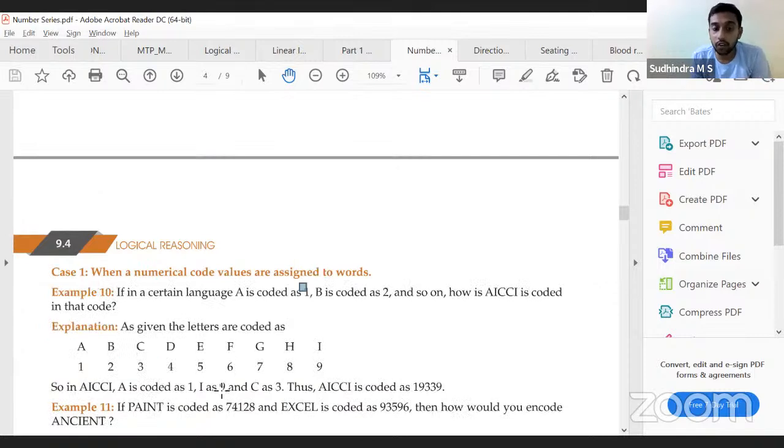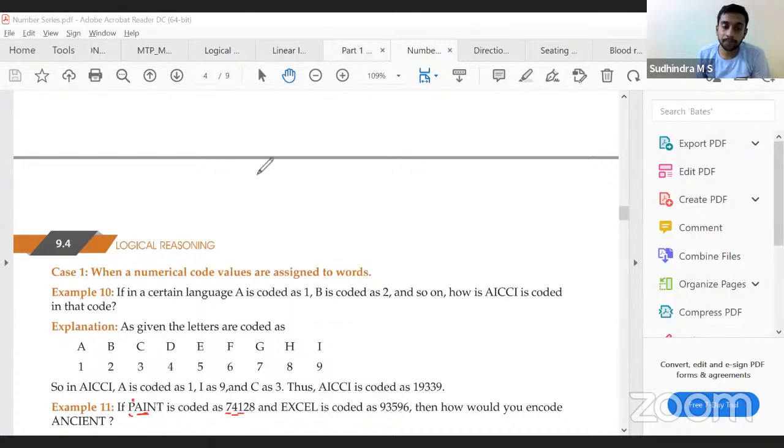If Paint is coded as 74128, Excel is coded as 93596, how would you encode ancient? Four two five one nine two eight. That's all. See, P is 7, A is 4, I is 1, and so on.